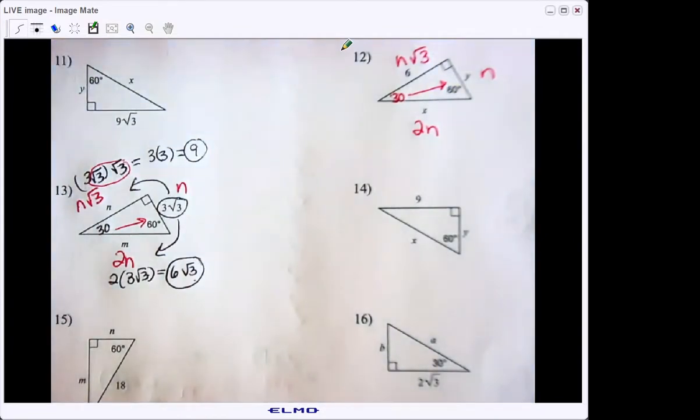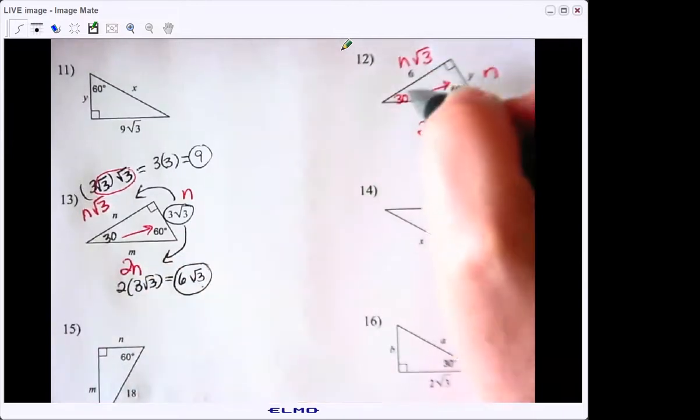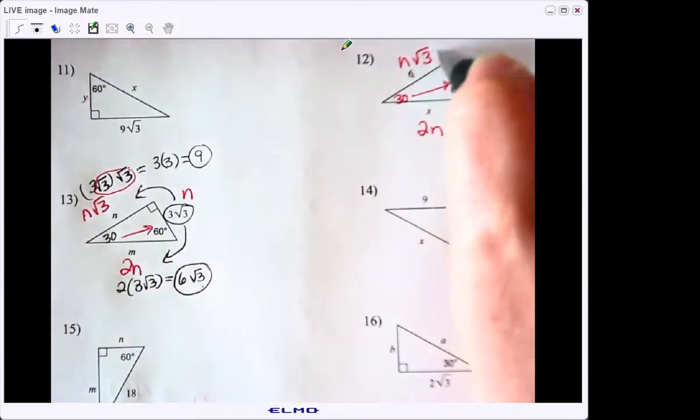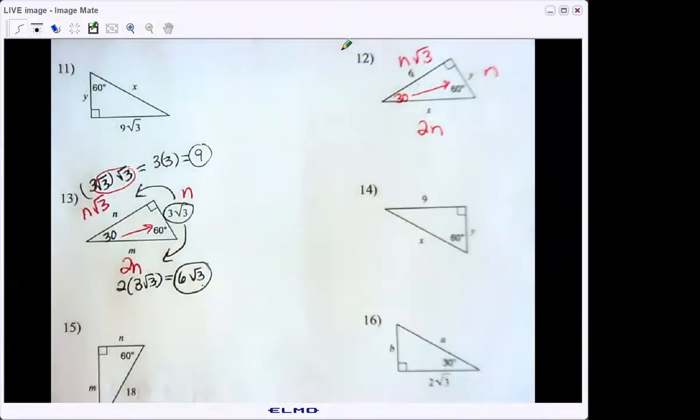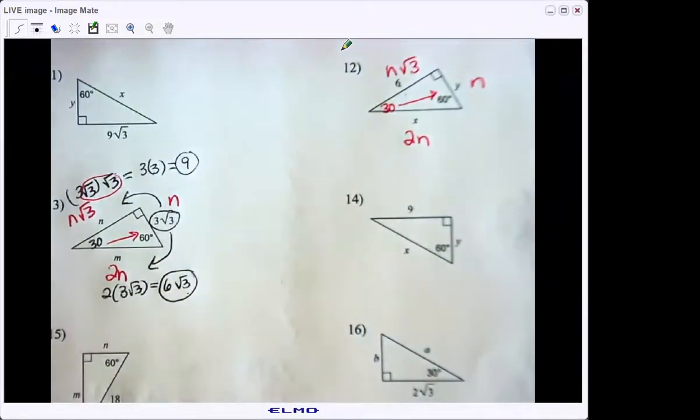Is 6 n? 6 wouldn't be n because n root 3 equals 6. So how do we isolate our n when it doesn't have a root 3? Think about when it doesn't have a root 3, what do we need to do?